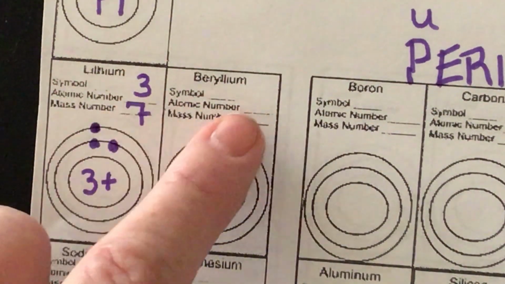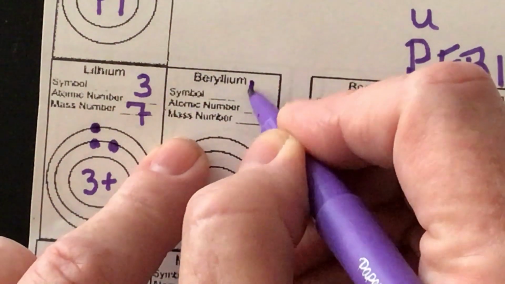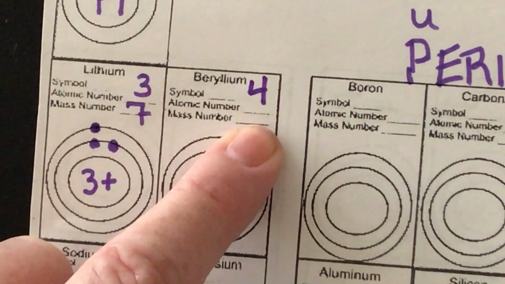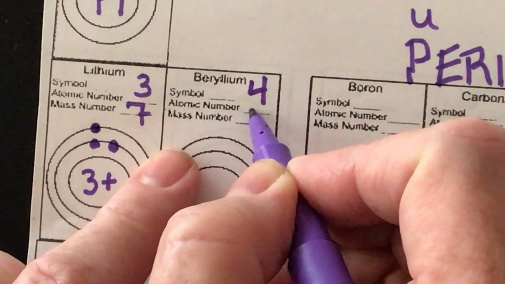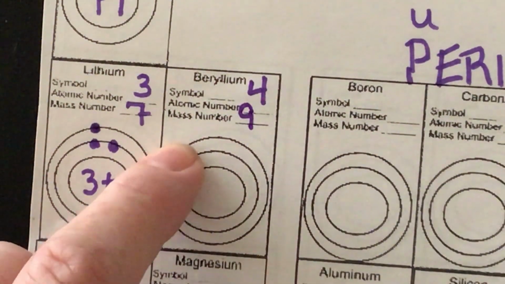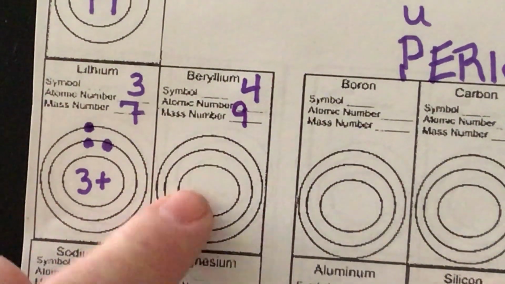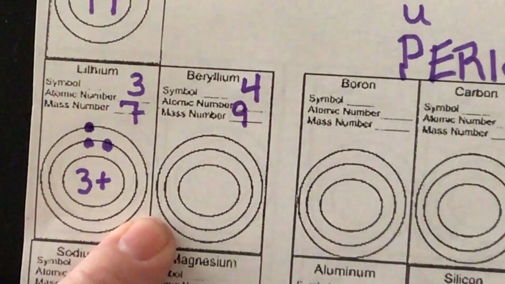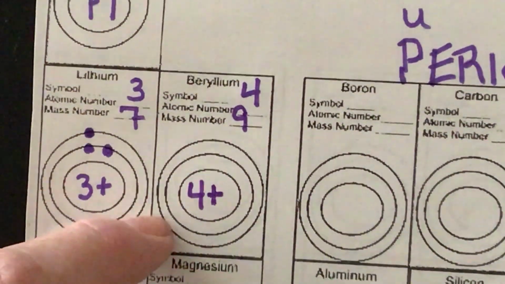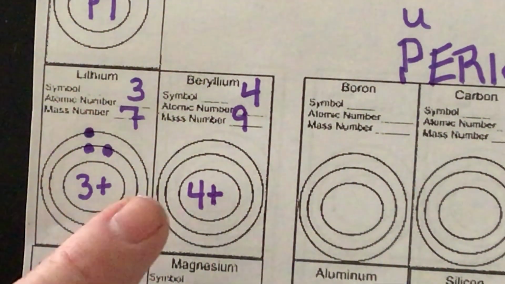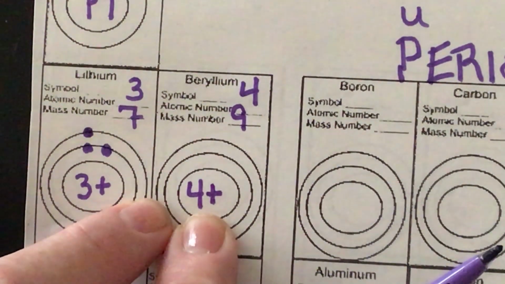Okay, let's scoot to the next one. What comes after 3? We're going to do 4, and beryllium has an atomic mass of 9. If we've got 4 as the atomic number, we're going to have 4 protons. Can y'all show me fingers how many neutrons we would have?